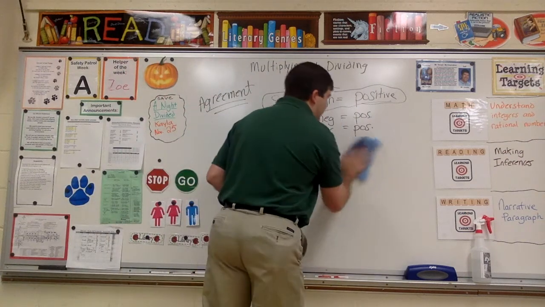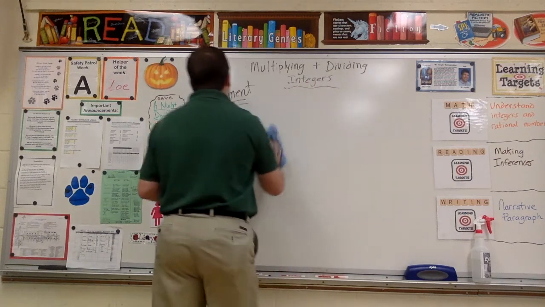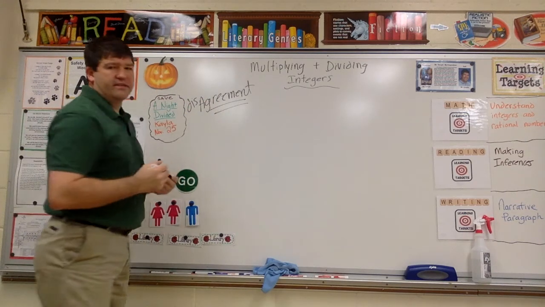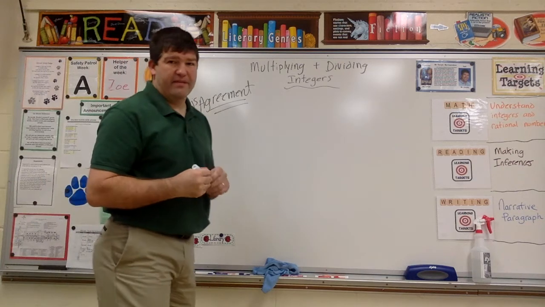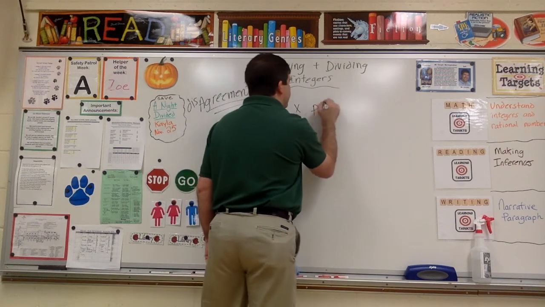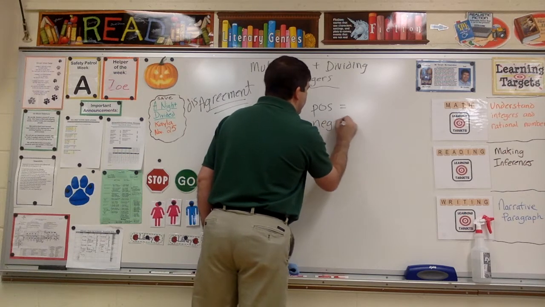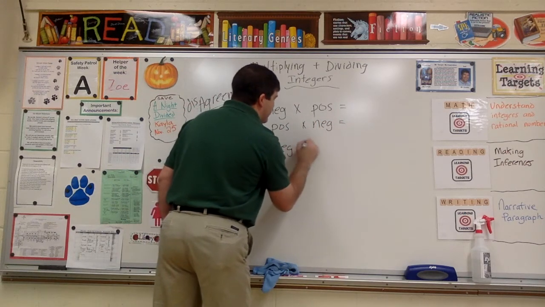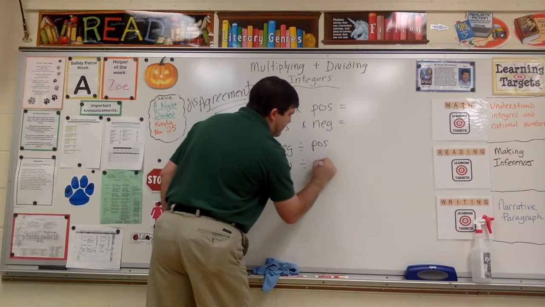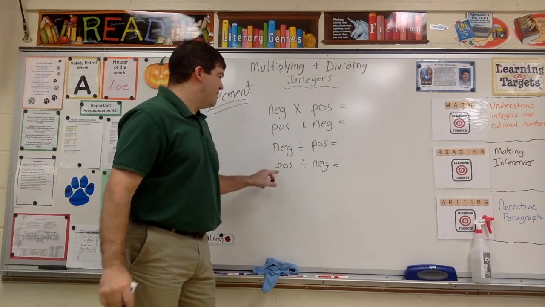Now, if you understand that, you'll understand that disagreement would be a negative thing. So, if I have a negative times a positive, or a positive times a negative, or a negative divided by a positive, or a positive divided by a negative, these do not agree, these do not agree, these do not agree, these do not agree.